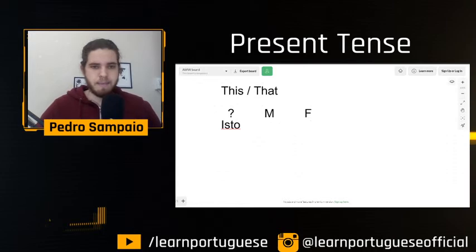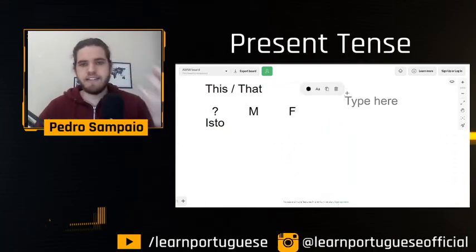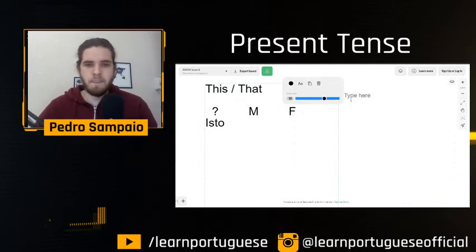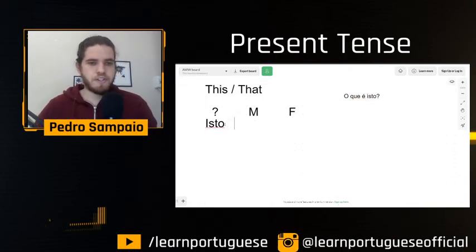So let me give you an example of the usage. We would say, for example, I have an object in my hand and I don't know what that is. So the question, what is this in Portuguese, would be: o que é isto? So what is this? So isto is next to the question mark, is for questions.